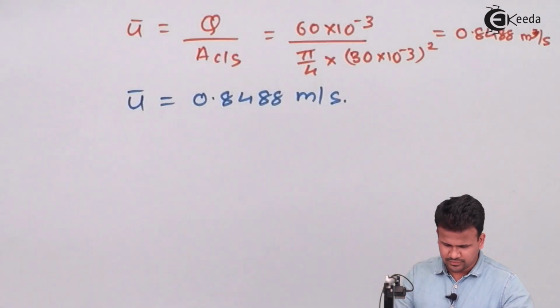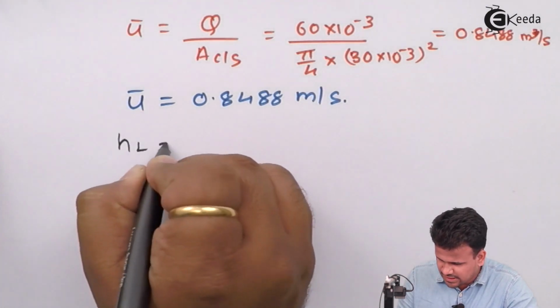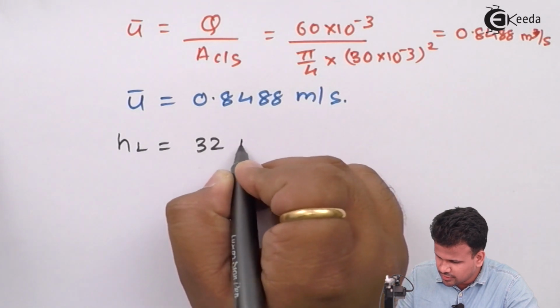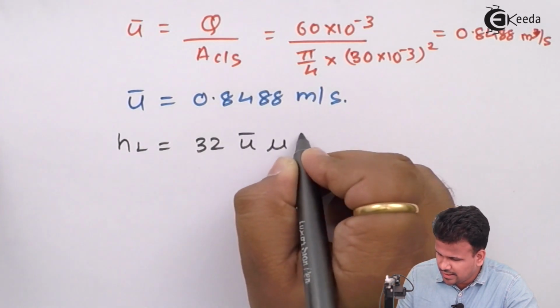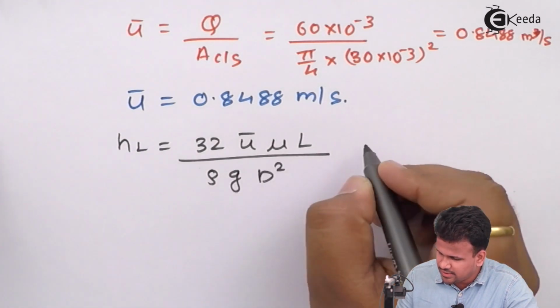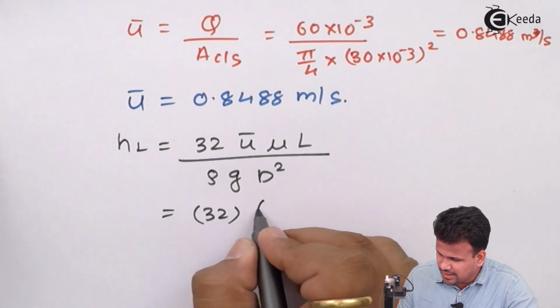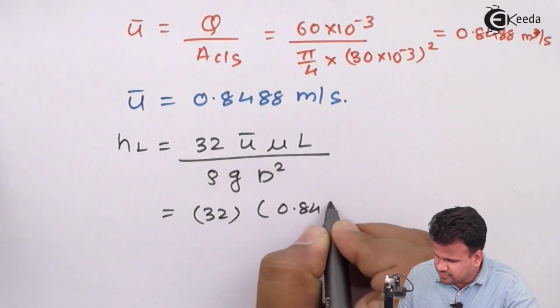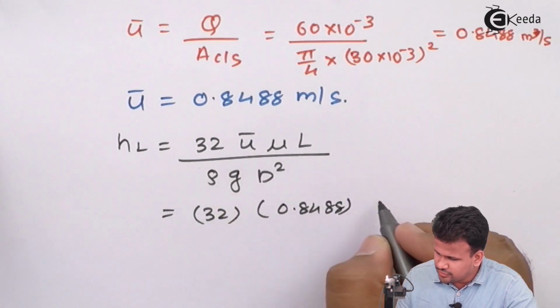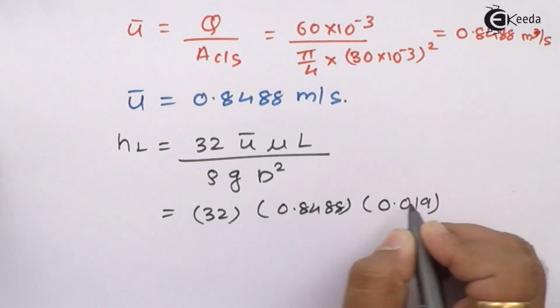So HL will be equal to 32 u bar mu L upon rho g into d square. So this is equal to 32 into u bar 0.8488 into mu, which we have calculated, 0.019.